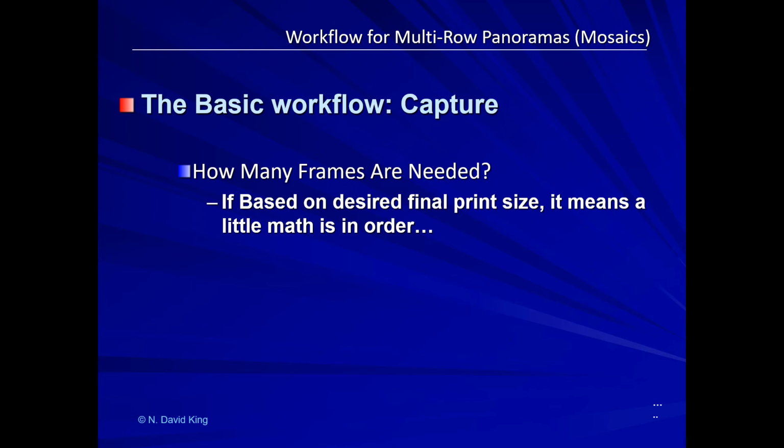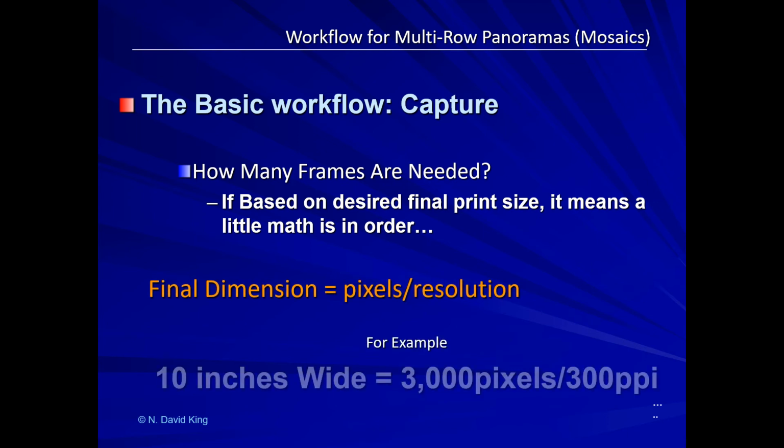If you know you're going to need a big print, a wall-size print, for example, you just got a job to do some corporate art and they want big prints for their walls, then a little math is in order. The final dimension is going to equal pixels divided by resolution. So for example, 10 inches wide equals 3,000 pixels.